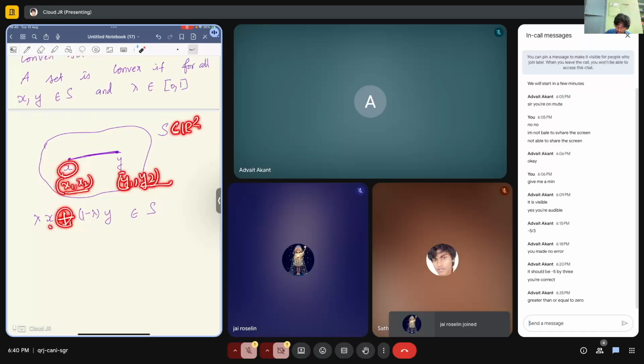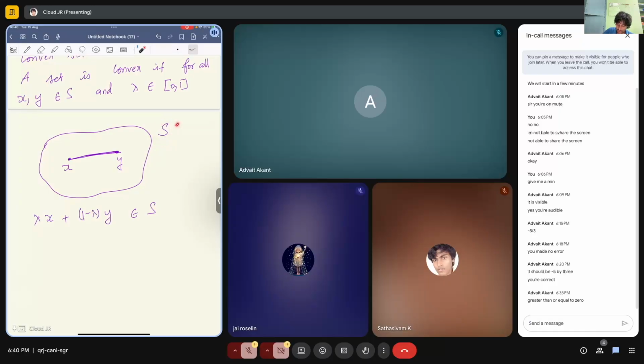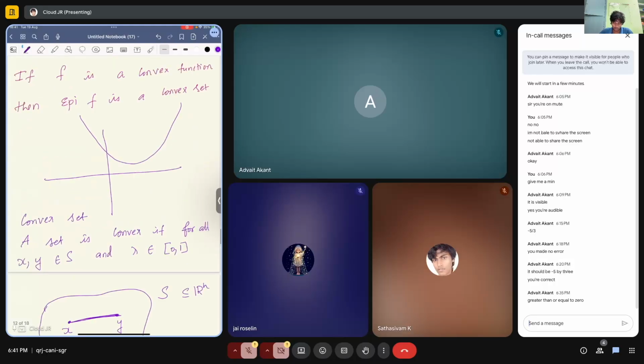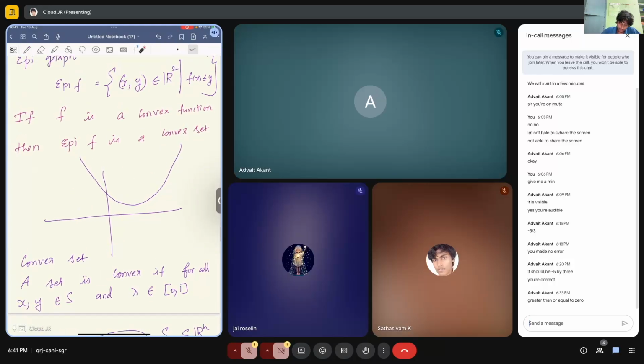It's not a random addition, but the addition happens in whatever set we have. So assume that this set is a subset of Rn. In our case, it's basically R2, but in general, it can be Rn. So the question you have to prove is, if your function is a convex function, then the epigraph set is a convex set.